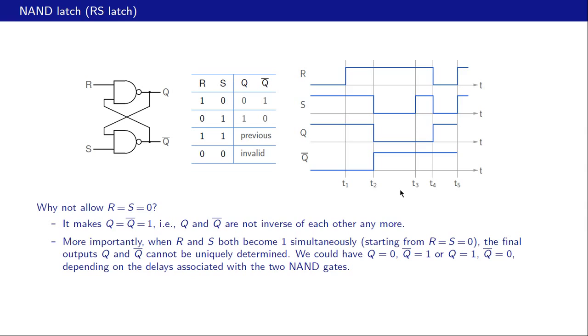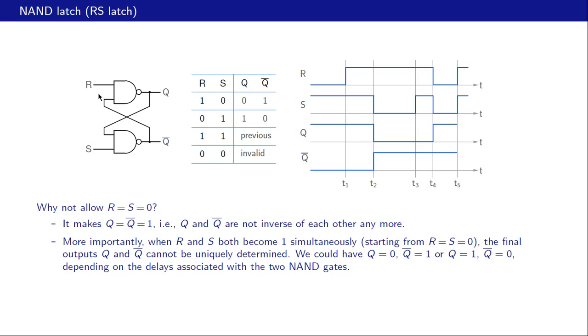Let us look at these waveforms which we saw in the previous slide. And if you recall, we had come up to here in the last slide. We had R equal to 1, S equal to 1, Q equal to 0, and Q bar equal to 1. And now imagine that R has gone to 0, S has also gone to 0. So we have R equal to 0, S equal to 0.